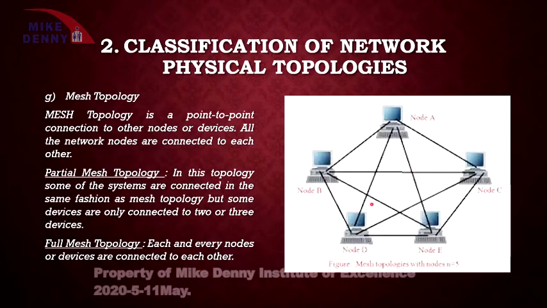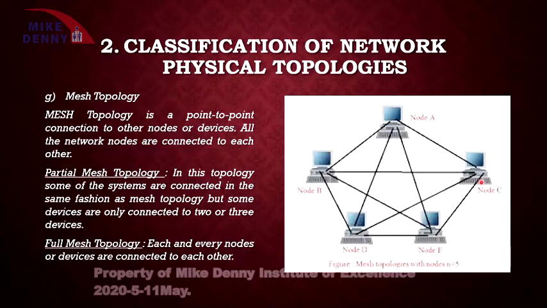Every component in this network is directly connected point to point to the others. As you can see, this forms a star. But we call this mesh topology because they are not connected to a main, central, or root component. They are all connected together.